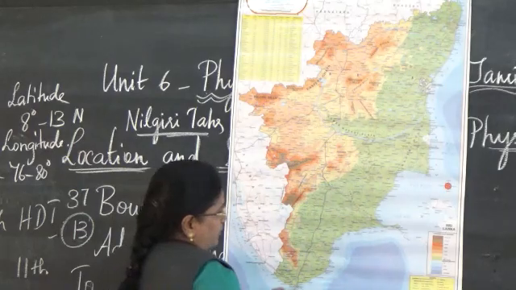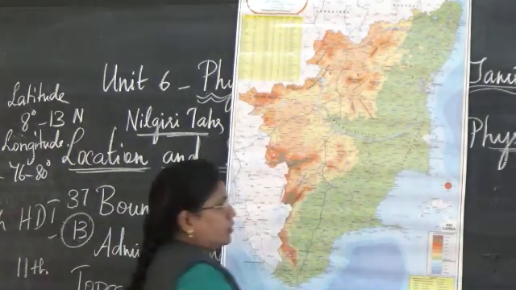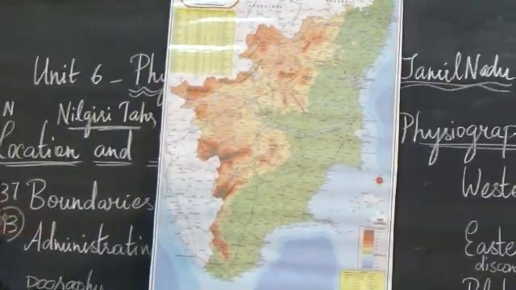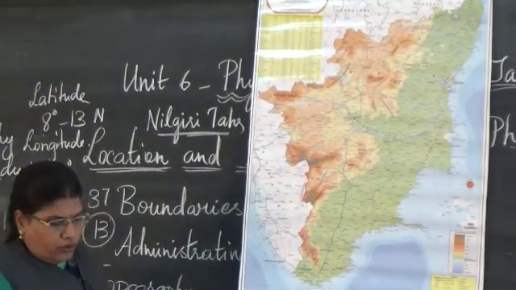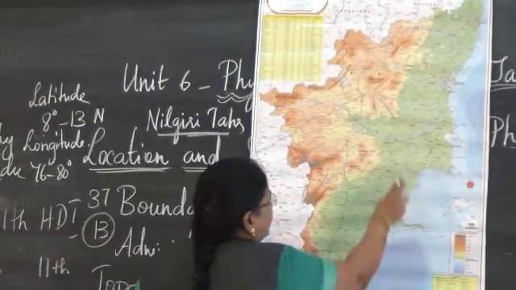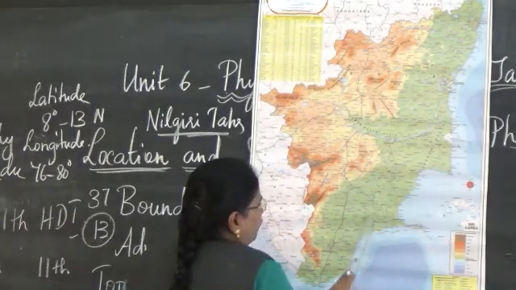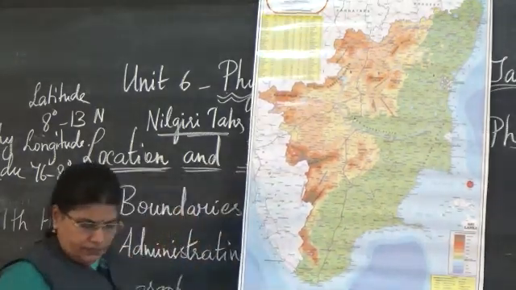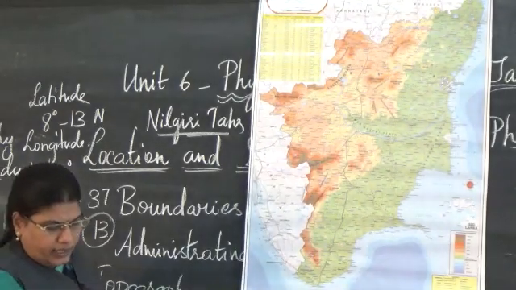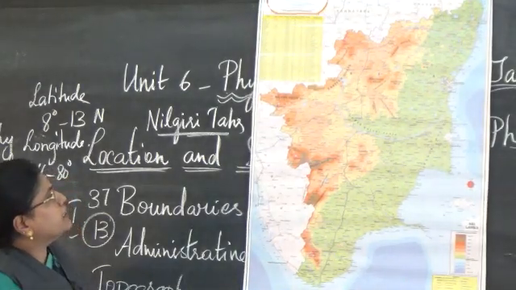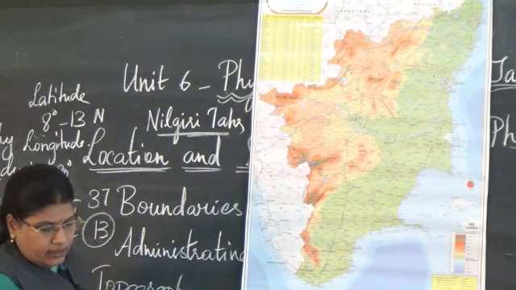It is formed by the rivers that flow towards the east and drain into the Bay of Bengal. It is more than 80 kilometers wide in some places and some places are submerged in the sea.